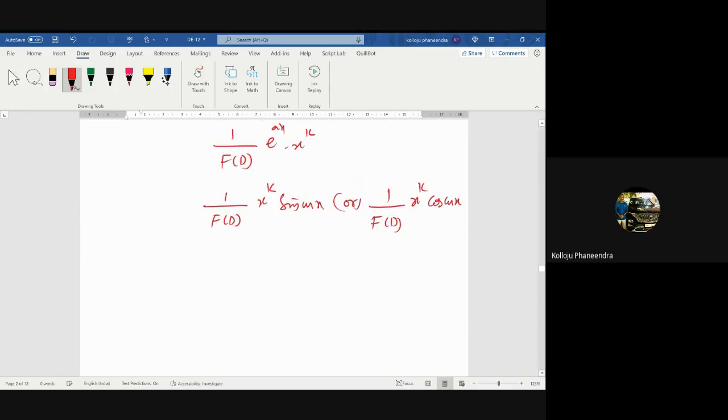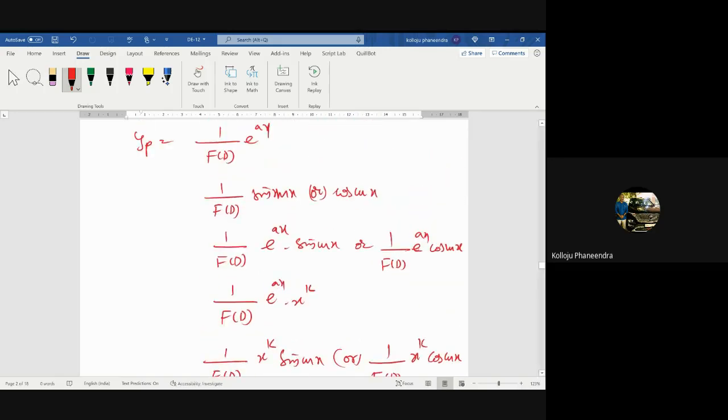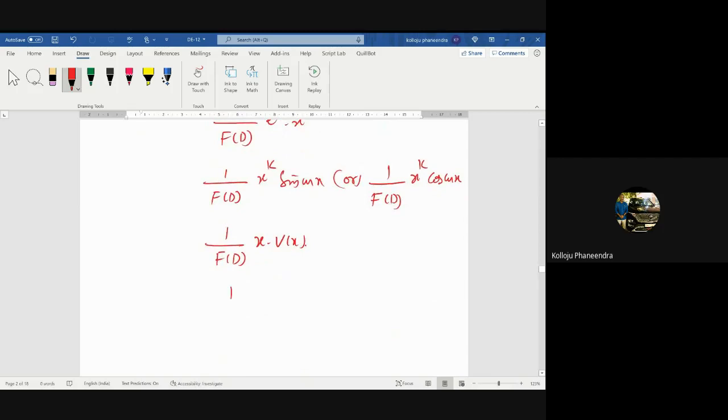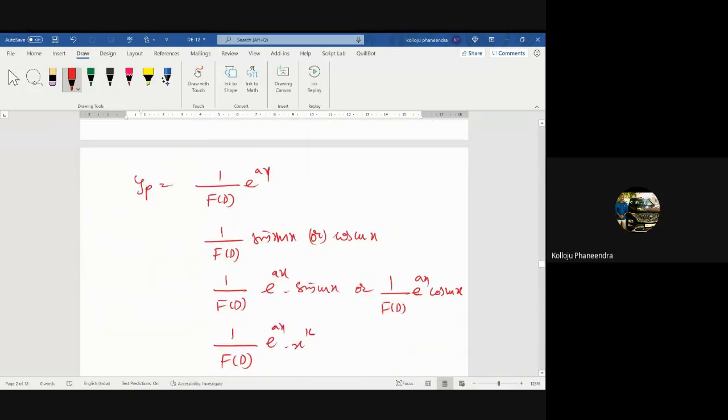And one more short formula, 1 by f of D into x into v of x, also we did. These are all the methods, and x power k is also there. Lastly, 1 by f of D into x to the power of k. These are the methods and the problems.